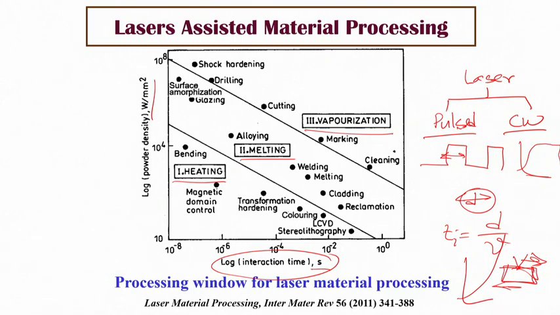The diameter over the velocity will give you a time component, and this time component will be another major parameter. So the power density on one hand and interaction time on the other hand will create the space within which all possible solid material processing using laser can be controlled.